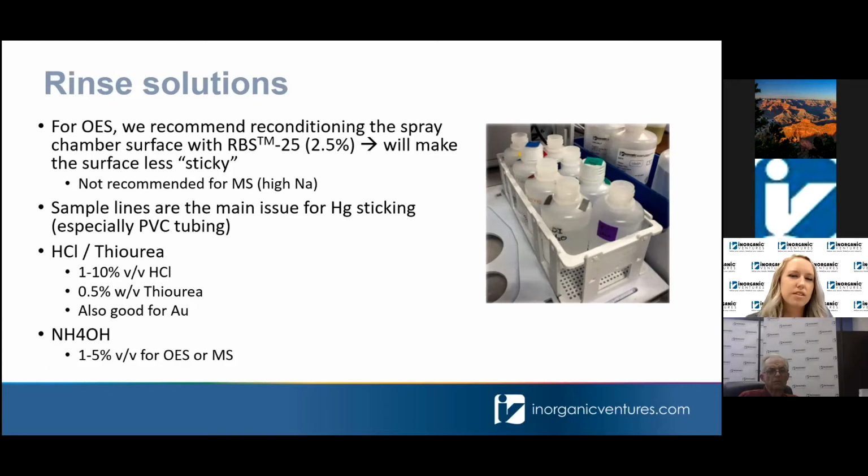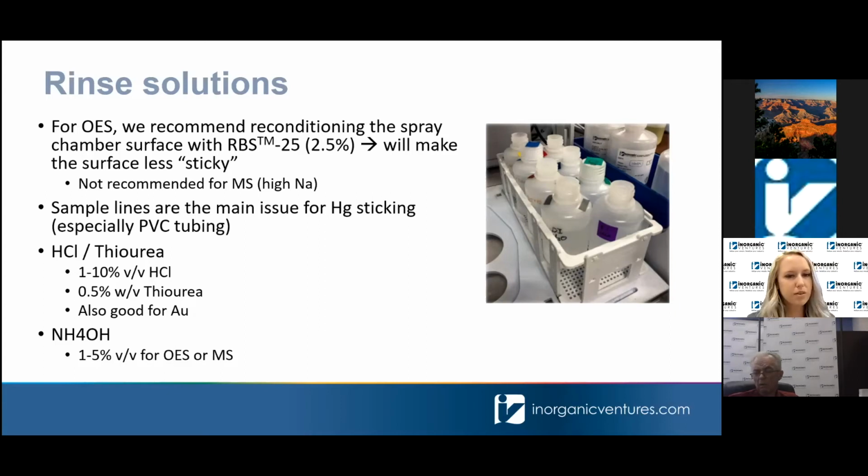RBS-25 is a commercially available cleaning solution, so this is going to be really good just to use as a general rule of thumb. However, for mass spec, we don't recommend using RBS-25 just due to the high sodium content of that. That's just going to cause more issues in your instrument, so you don't want to use that there.